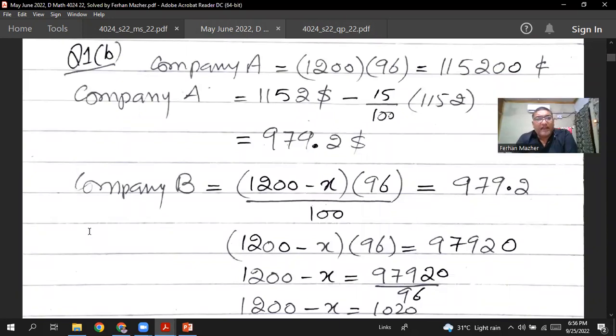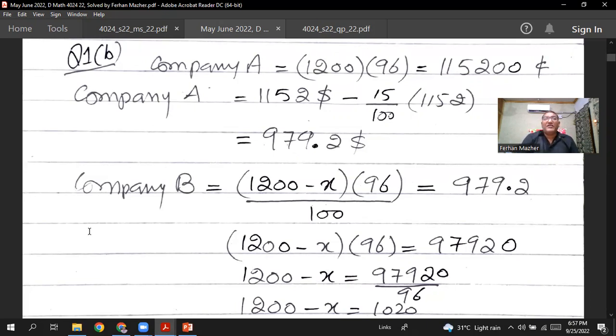So Company A, how much is the bill? 1,200 multiplied by 96 gives you 115,200 cents. Convert this into dollars by dividing by 100, which is $1,152.